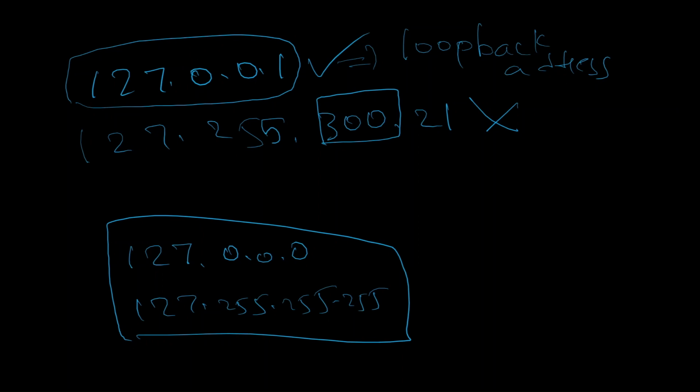If you want to check whether your OSI layers or TCP/IP, the entire 5 layers, are working correctly or not, we'll use this. So mainly it's used for debugging purposes. Just remember this range is for loopback addresses. If you type this address in any browser, you will get to know what you are getting.